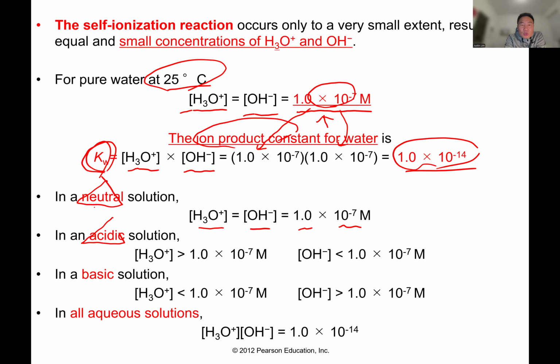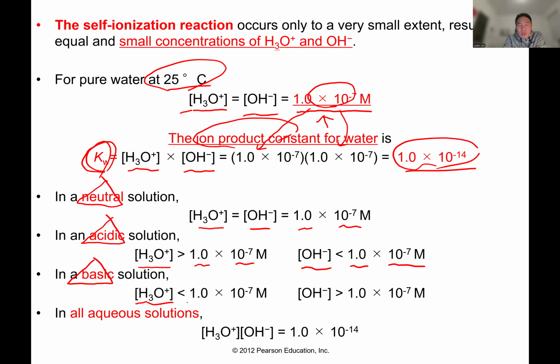In a neutral solution, the concentration of hydronium and hydroxide each equal 1.0 times 10 to the negative 7 molarity. In an acid solution, the concentration of hydronium is greater than 1.0 times 10 to the negative 7 molarity, and the concentration of hydroxide is less than 1.0 times 10 to the negative 7 molarity. What about a basic solution?